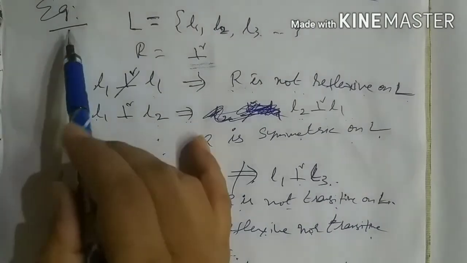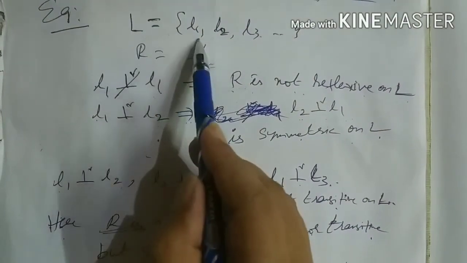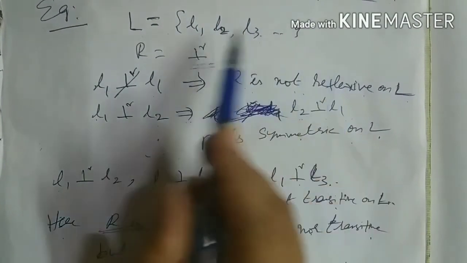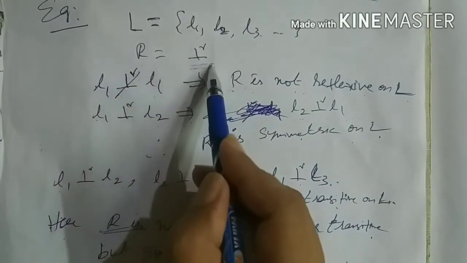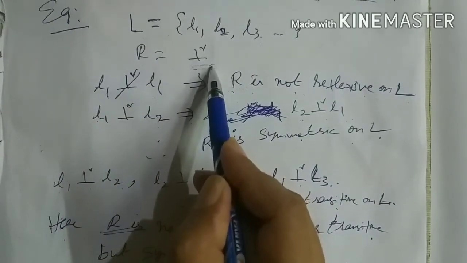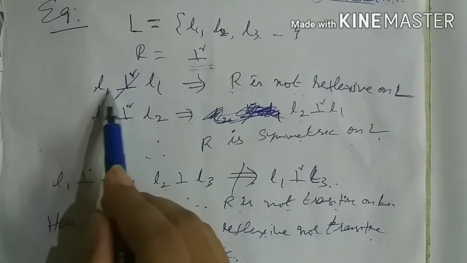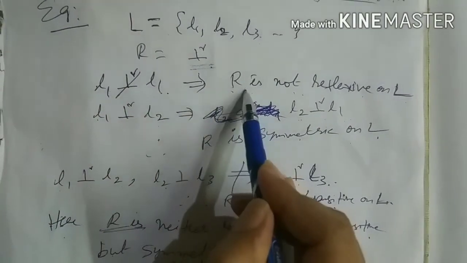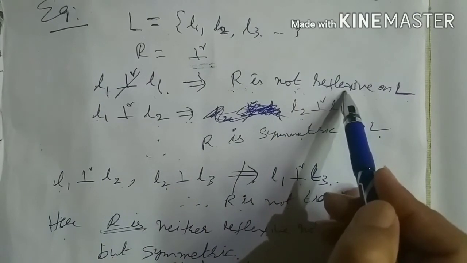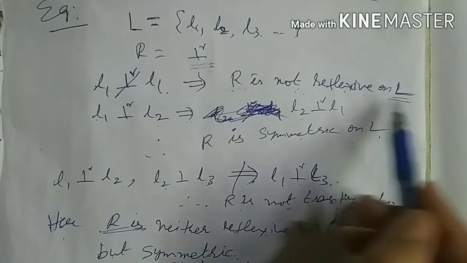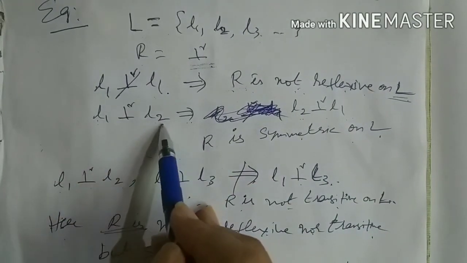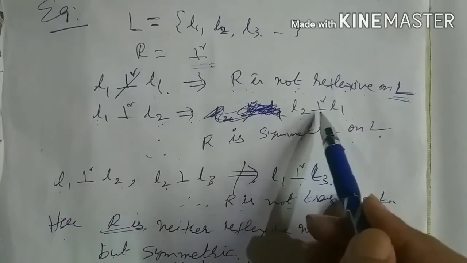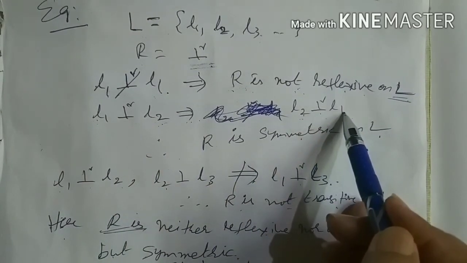Let us consider another example, L equals L1, L2, L3, etc., and the relation perpendicular. We know that a line L1 cannot be perpendicular to itself. Therefore, R is not reflexive on the set of lines L. If L1 is perpendicular to L2, definitely L2 is perpendicular to L1.